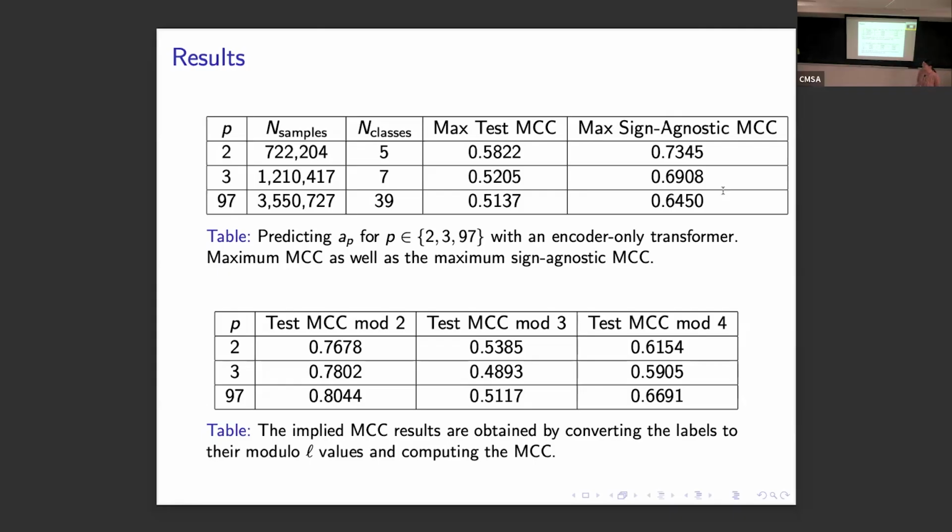So I'll talk in a couple of slides that when we did the prediction mod 2, we just took the data set, the APs, reduced them mod 2, fed them into the computer, and then we realized that there were way fewer training examples than the initial 3.5 million.